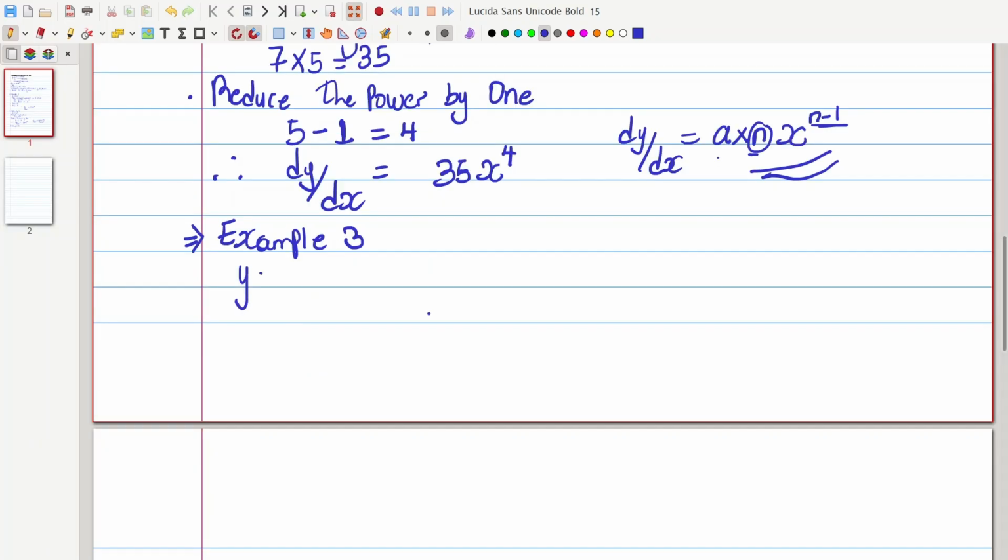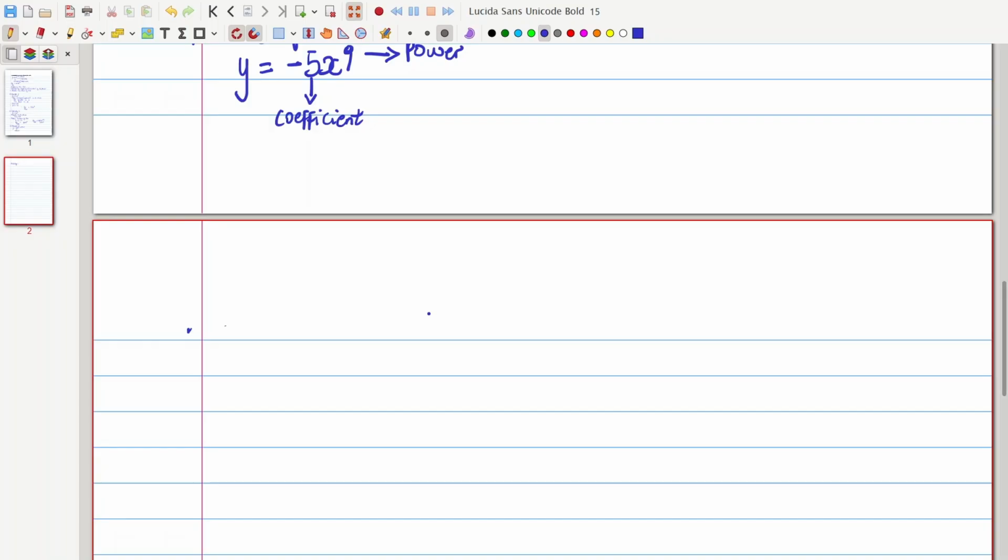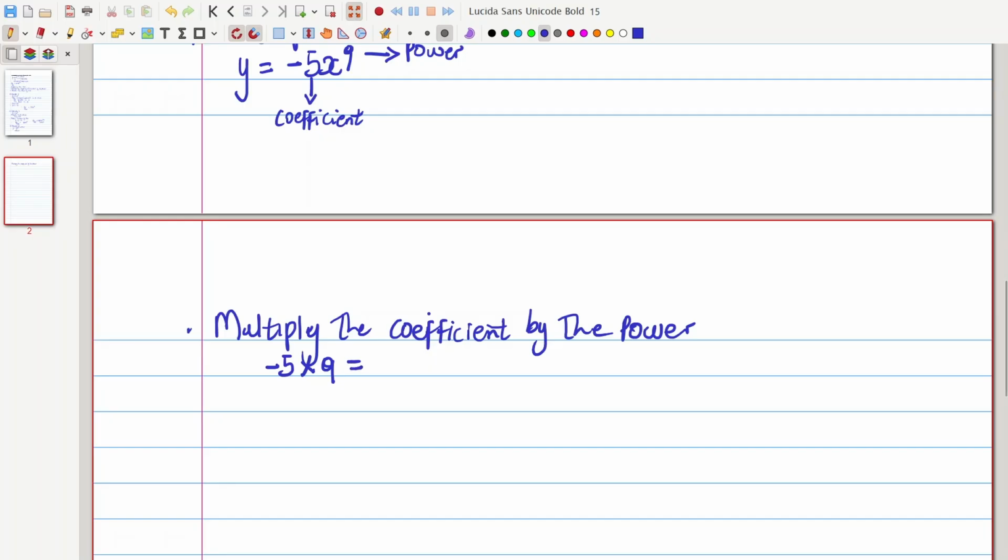Example 3. y is equal to minus 5x raised to power 9. Our minus 5 is the coefficient and 9 is the power. Step 1, multiply the coefficient by the power, which will be minus 5 times 9, which is equal to minus 45.